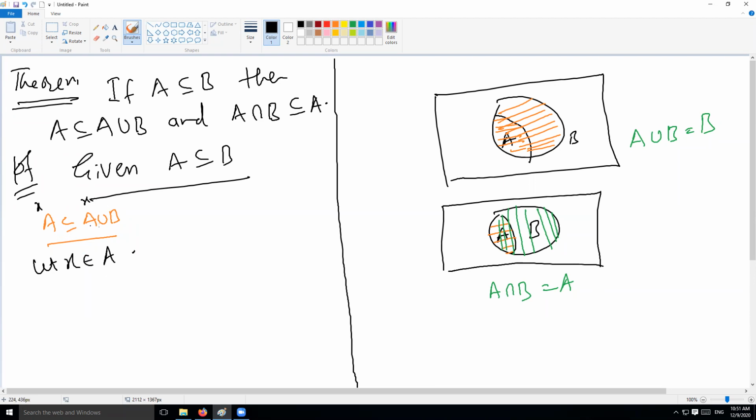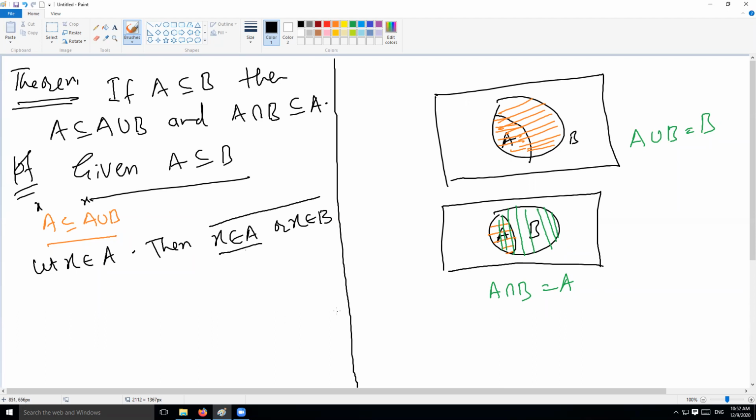Now if x is in A, can we say that x belongs to A union B? The answer is yes, because if x is in A, then I can say that x belongs to A or x belongs to B. In this OR statement, this part is true, and in a given OR statement, if one part is true, then the entire statement is true.